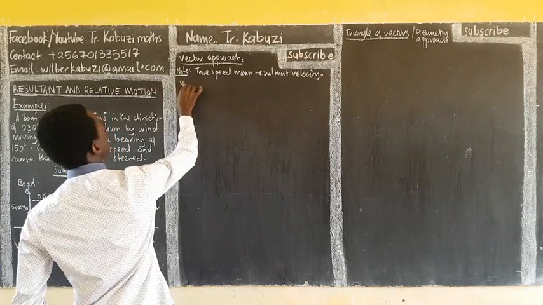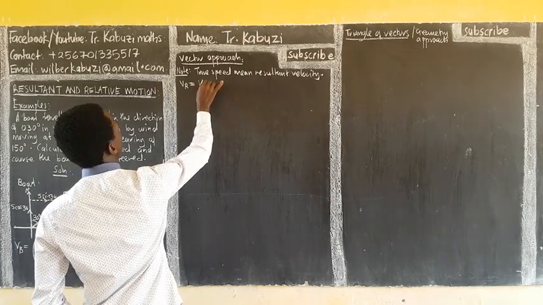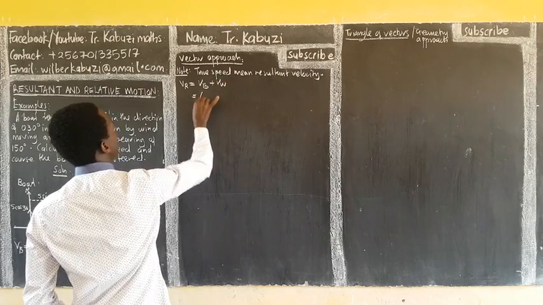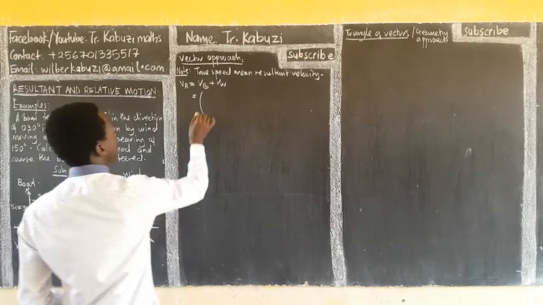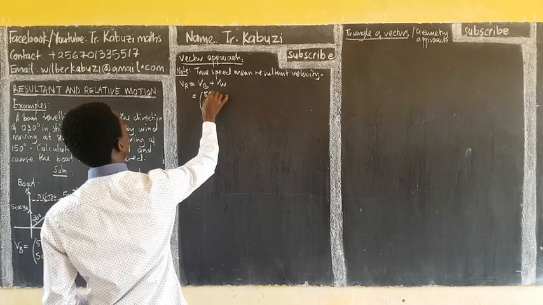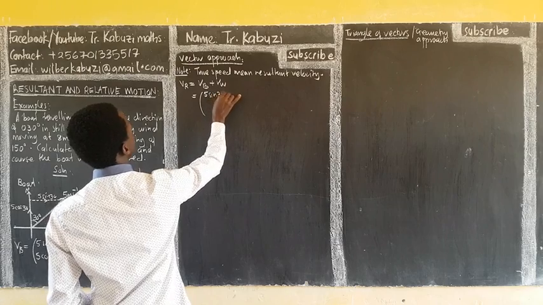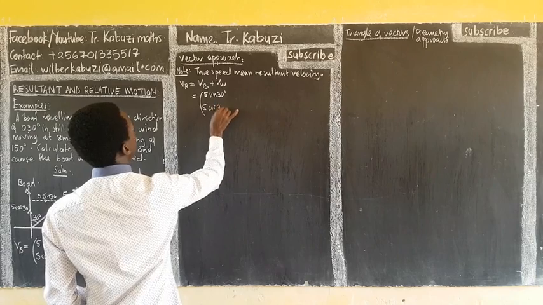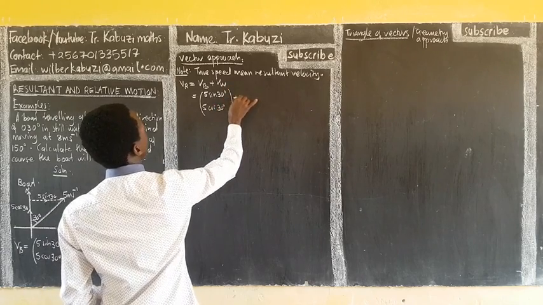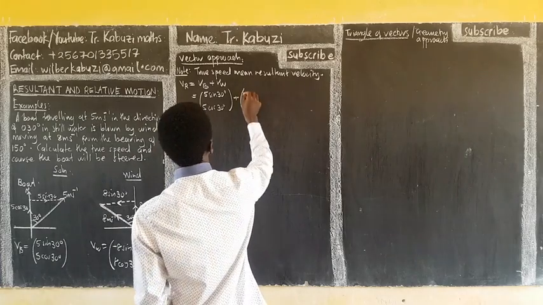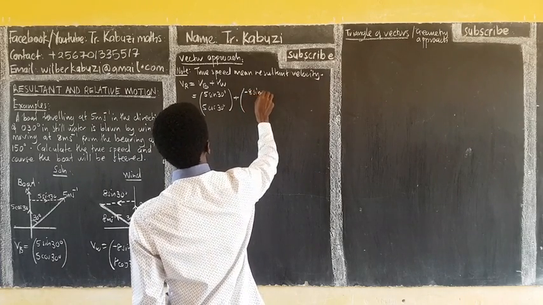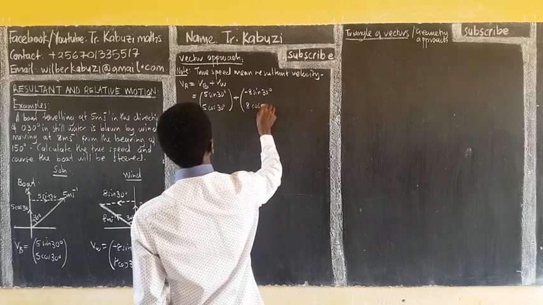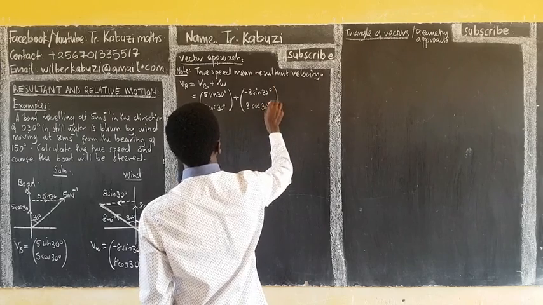So our resultant velocity is going to be the velocity of the boat plus the velocity of the wind, which is 5 sin 30, which is 0.5, then 5 cos 30 degrees, then plus the wind, we have negative 8 sin 30 degrees, then 8 cos 30 degrees.